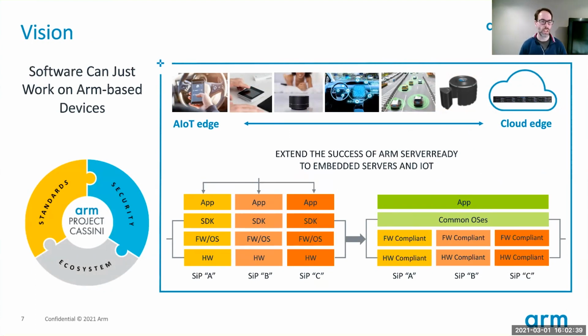As part of that, we stood up our Project Cassini, which is looking at solving these problems. And so Project Cassini is looking at standards, looking at the security of the platforms, and then looking at the software ecosystem that fits on top, with the goal of moving from what embedded devices look like right now, which you can see on the left-hand side, very vertically integrated stacks, to finding places where we can have commonality and we can land common operating systems or common technologies on multiple pieces of hardware, regardless of the SIP and regardless of the hardware platform, right?